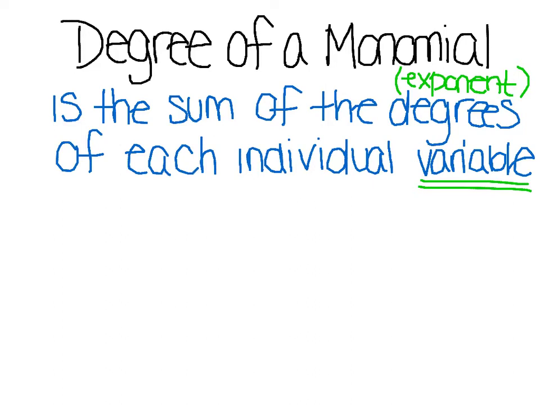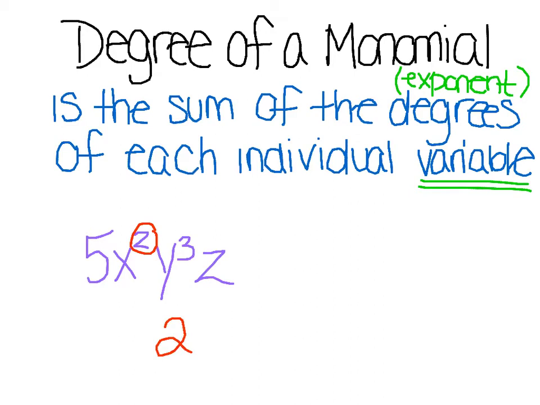So if I give you an example, like 5x squared y cubed z, and I want to know what the degree is, we're going to look at the exponents of each variable. Well, here we have 2. And it's the sum, that means addition, so 2 plus 3.